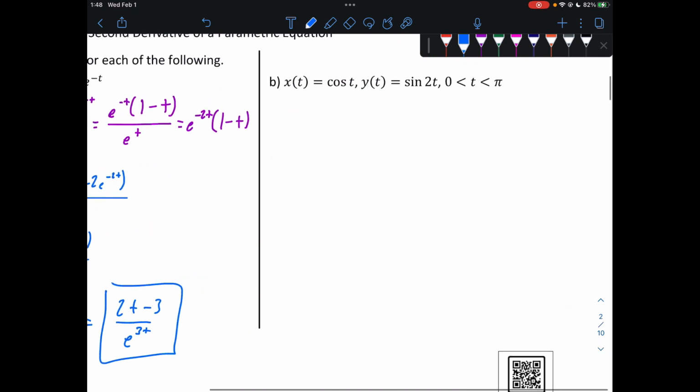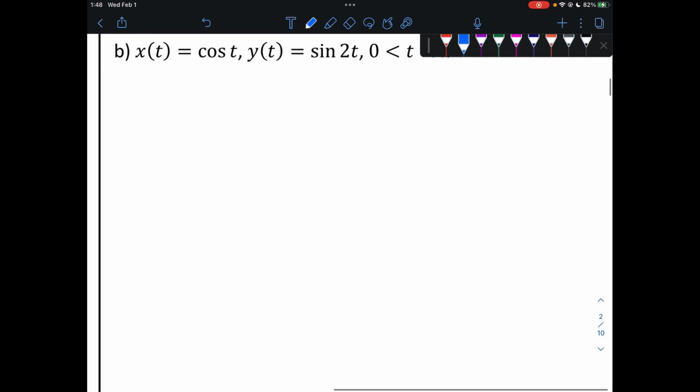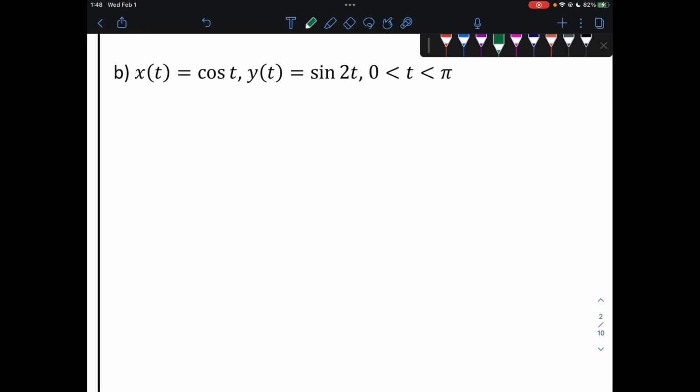All right, if you'd like to try one on your own, you can pause this video right now and try problem B. If not, you can follow along as we go through it now. Okay, so dy/dx equals dy/dt over dx/dt. dy/dt is going to use a little chain rule here.